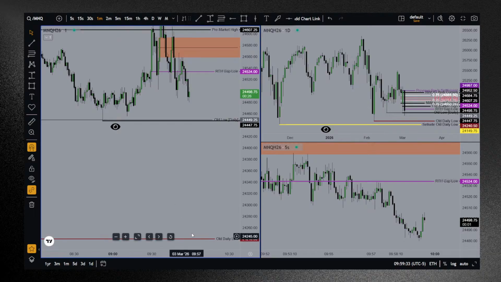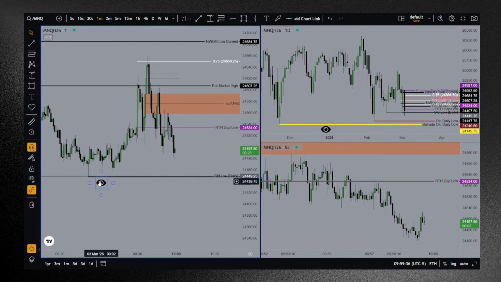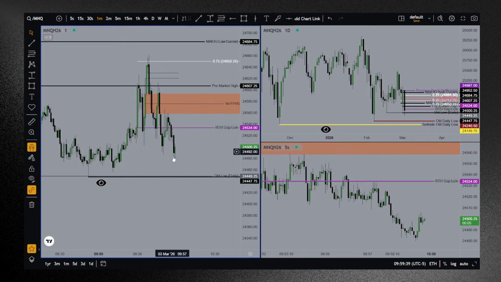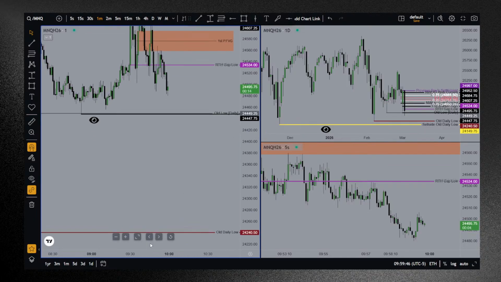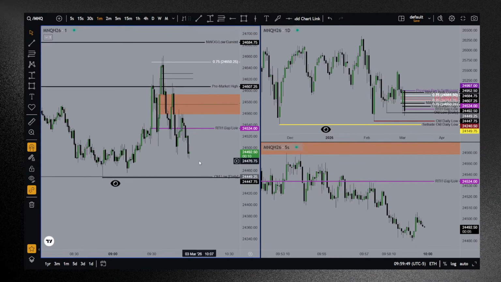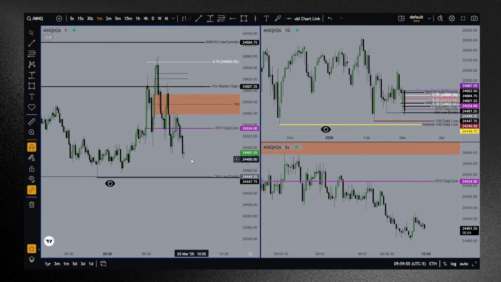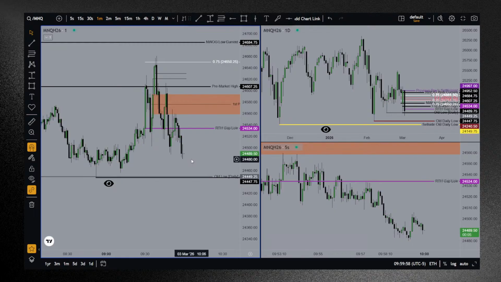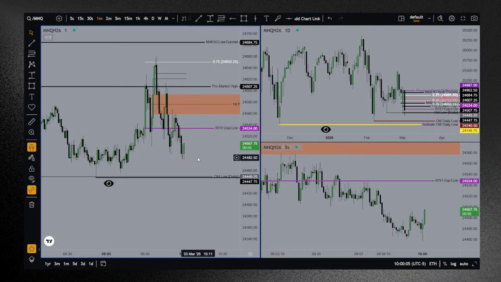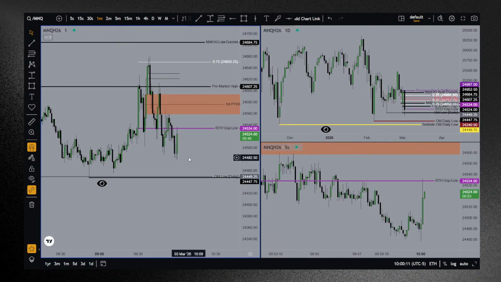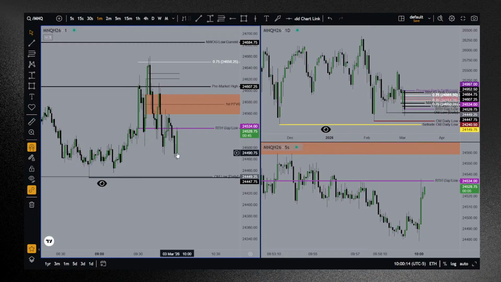But to ever consider that, we first of all need to show that it wants to go below those lows, because if it's reluctant to go below those, how is it going to go there, right? 10 a.m. news, I believe.